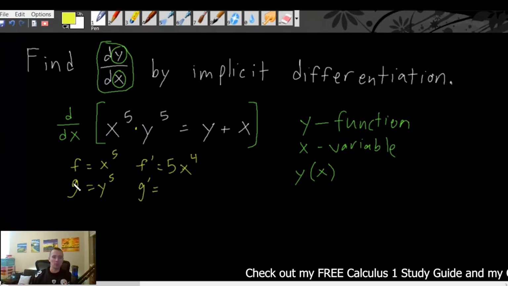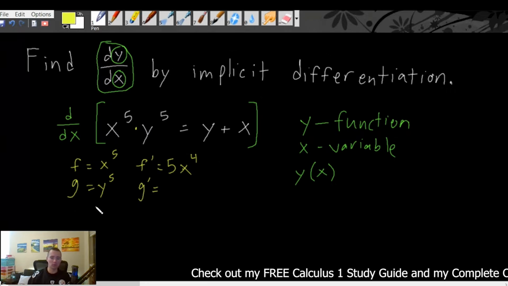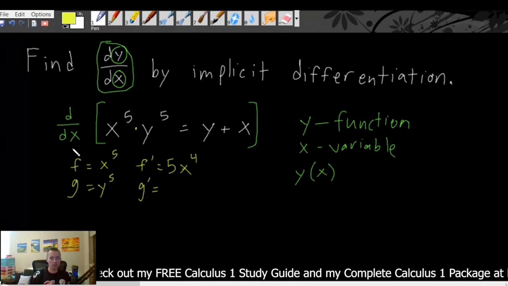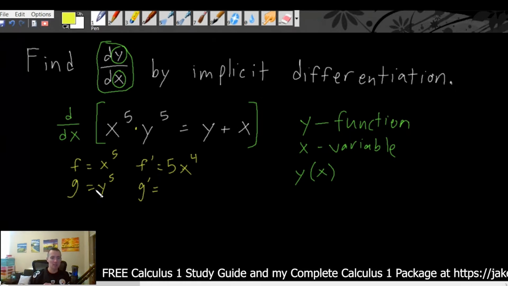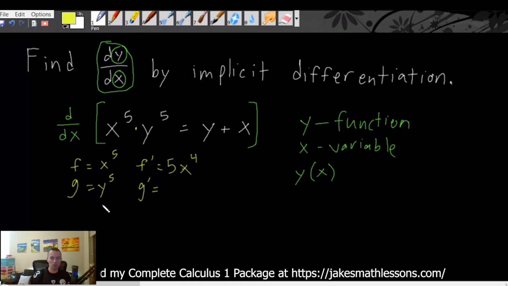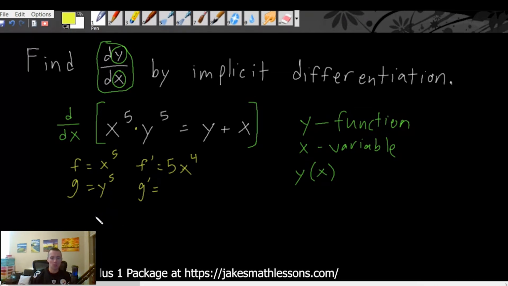Now for taking g prime here, we're going to have to do something a little bit different, because keep in mind, we're taking d dx, which means we're taking the derivative with respect to x, and this has a y in it, which is a function of x. So as a result, we have to use chain rule. What we basically want to do is treat this as some function of x, which is all being raised up to the 5th power.